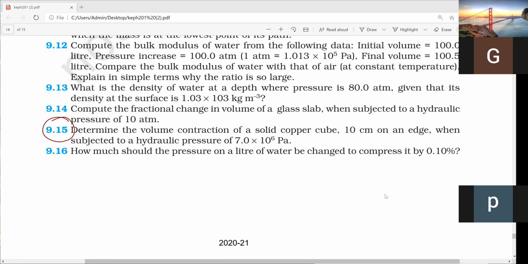Let us see. They ask to determine the volume concentration of a solid copper tube 10 centimeter on an edge when it is subjected to pressure of 7 into 10 to the power of 6 pascal. Let us see how to solve this one.